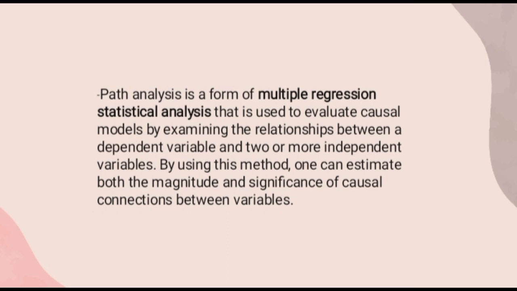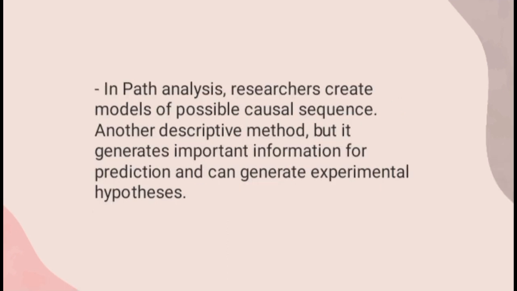Path analysis is a helpful method when we want to understand how different things are related to each other. It's especially useful when we are looking at multiple behaviors in a study. And instead of just seeing if things are connected, path analysis helps us understand how they might influence each other.